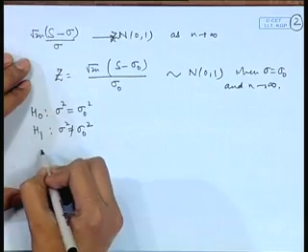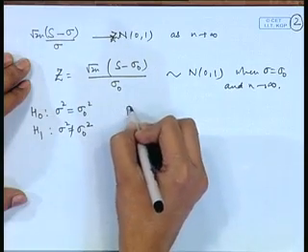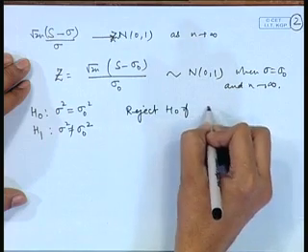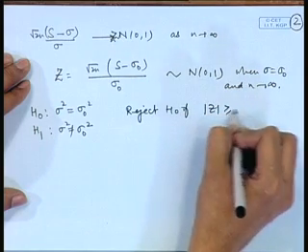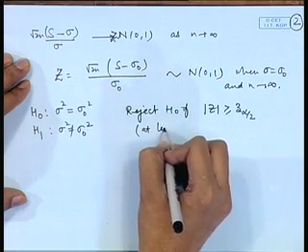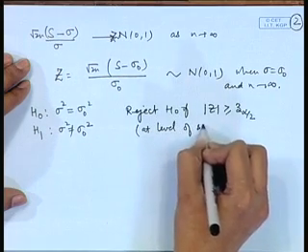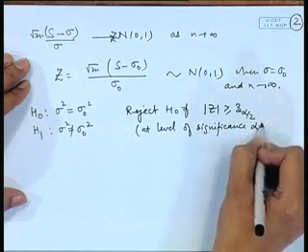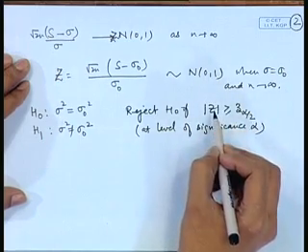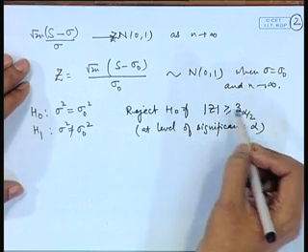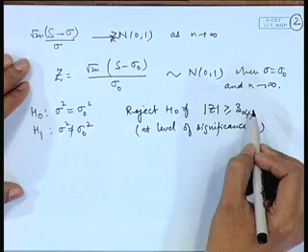So, we can use the test as reject H naught if modulus z is greater than or equal to z alpha by 2. So, at level of significance alpha, the test is that you reject H naught when the absolute value of z is greater than or equal to z alpha by 2.